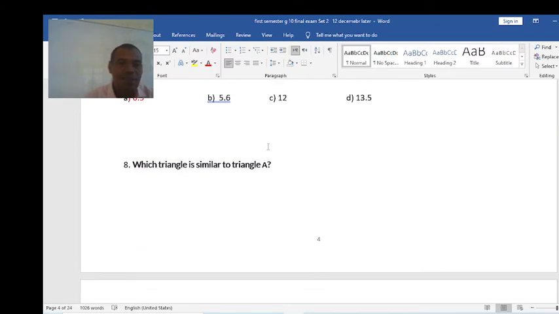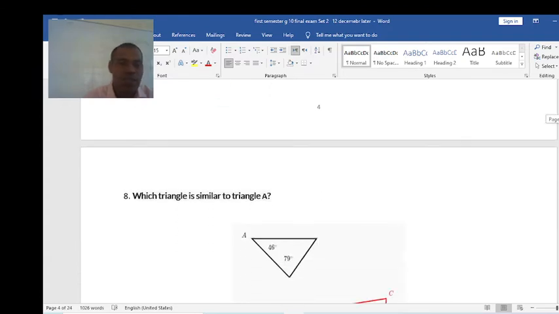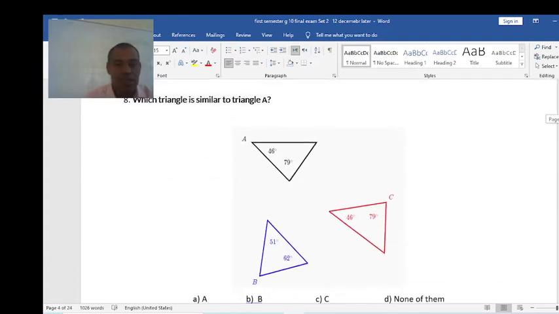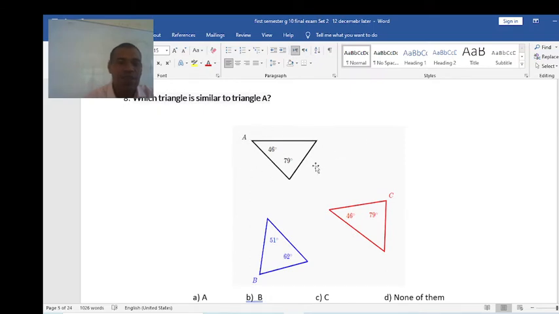Okay. Now move to the next question. Which triangle is similar to triangle A? This is the triangle A, you see. Triangle A has two internal angles, 46 degrees and 79 degrees. For triangle C, we also have two internal angles, 46 degrees and 79 degrees.